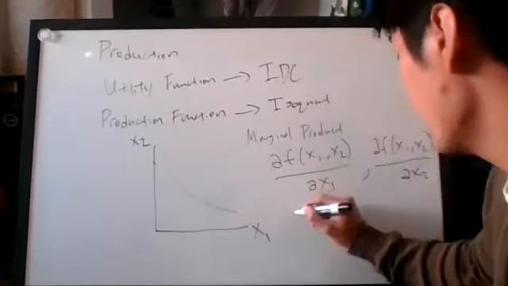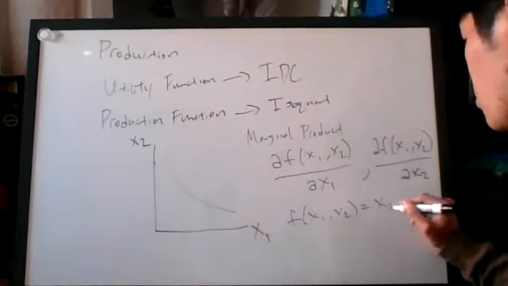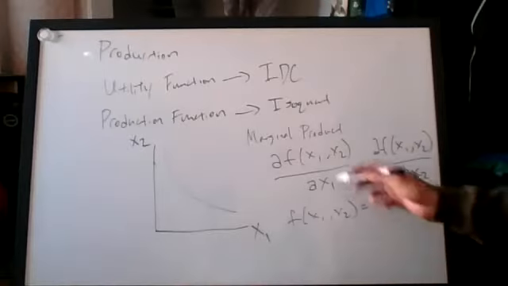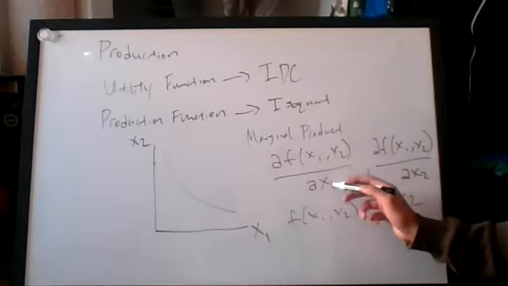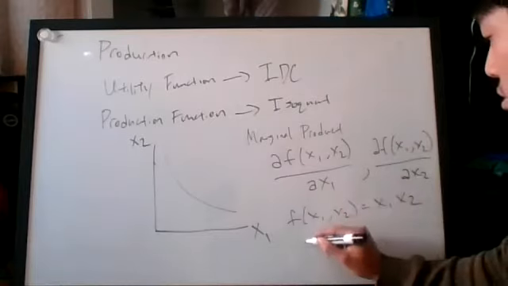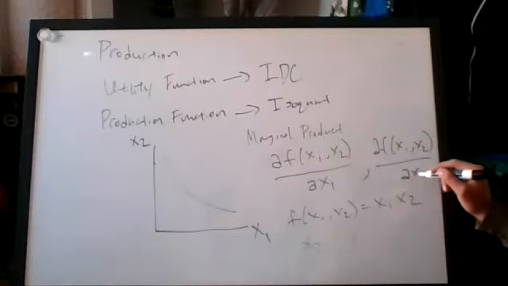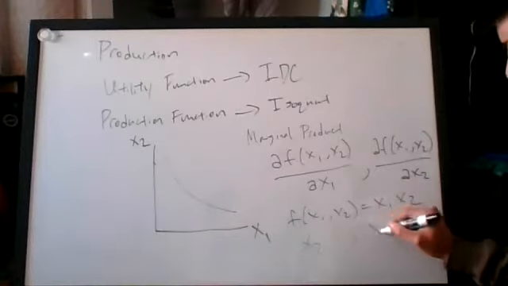If I had, say, f of x1, x2 equals x1 x2, this is my production function, and I'm taking it with respect to good one, or input one, right? So that'll just be x2. And if I'm taking this same production function with respect to input two, this is just x1.